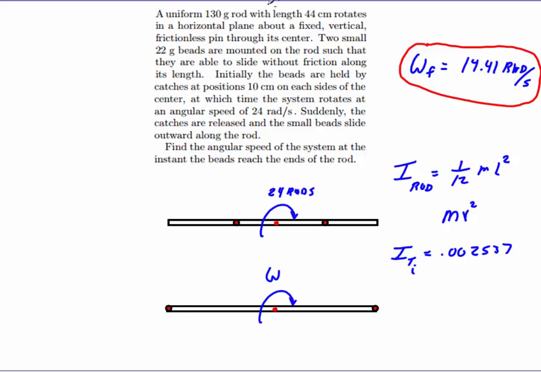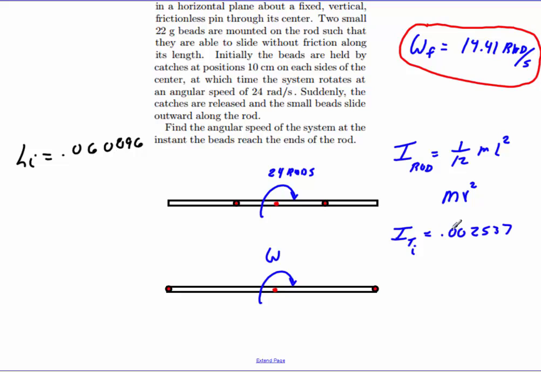So, first question I'm going to ask you, let me get this, L initial, make sure you got this first. I got 0.060896. Did you get that for initial angular momentum? Or do you want me to work that also? Okay, but do you agree with this?